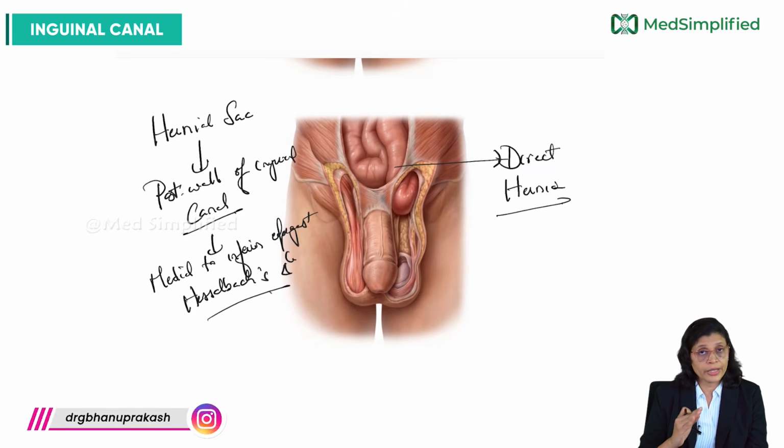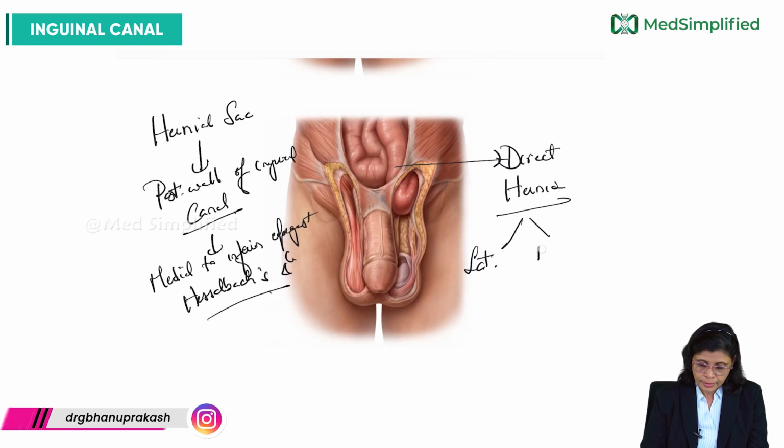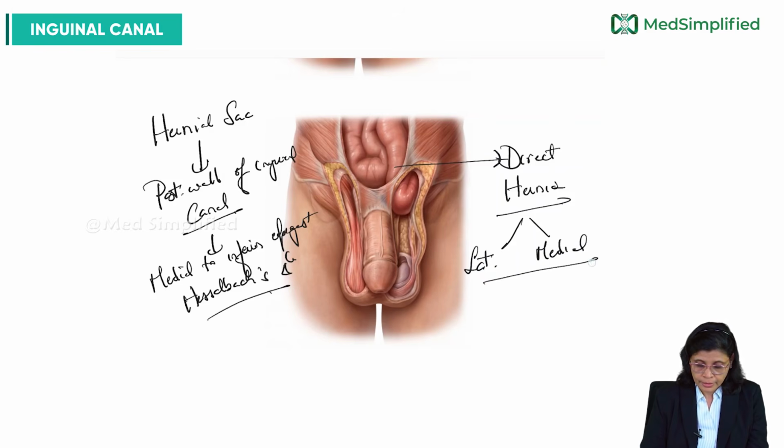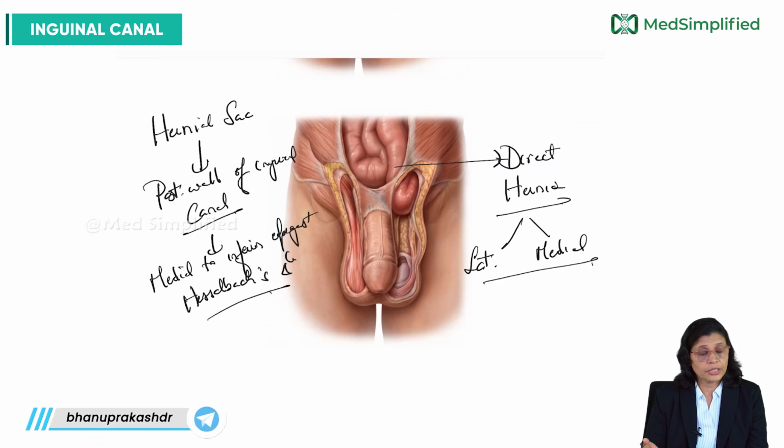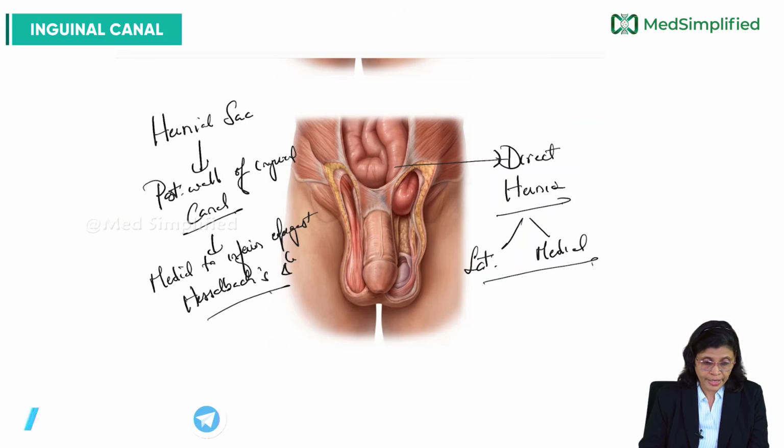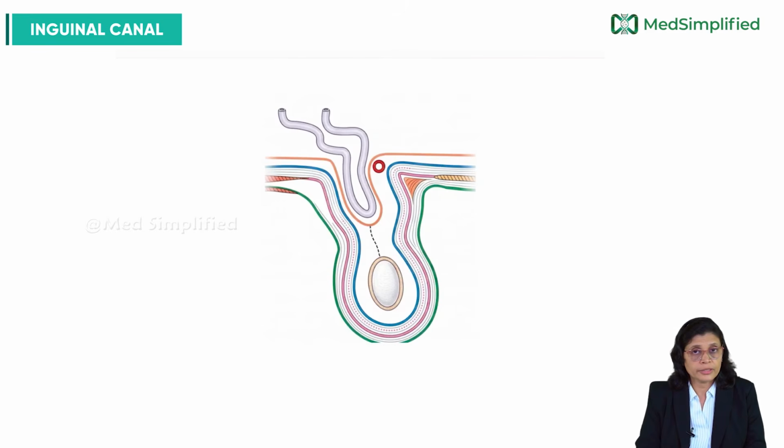The direct hernia can be lateral or medial, based on whether the hernia is lateral to the medial umbilical ligament or medial to it. So that is about the direct and indirect hernias. The direct inguinal hernia coverings and the indirect inguinal hernia coverings differ.